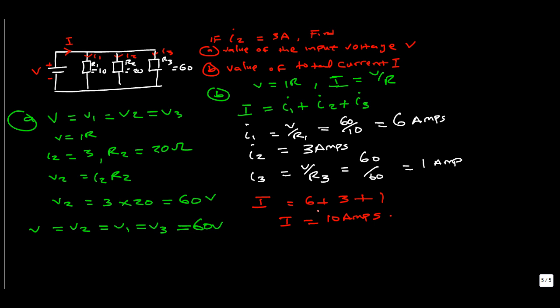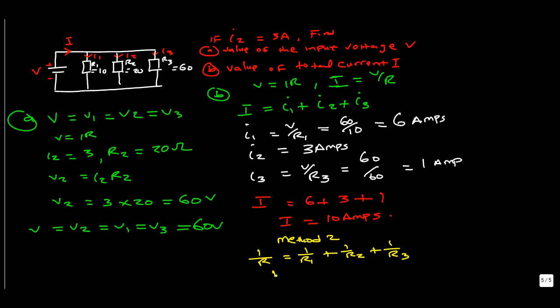Another way to obtain the total current, I'll call it method 2, is to use the fact that the total resistance for a parallel circuit is 1 over R equals 1 over R1 plus 1 over R2 plus 1 over R3.